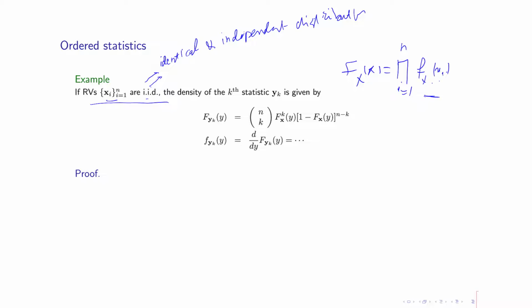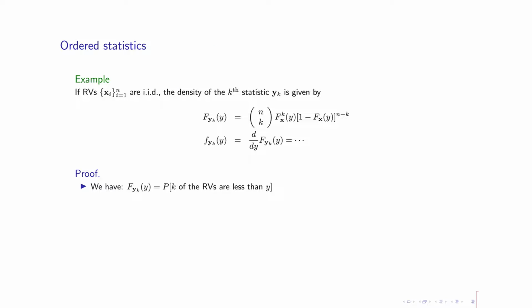The function is the same for all of them. In this case, we have seen in the previous chapters that the distribution of the kth order statistic is given by that expression, because out of n, k of them should be smaller than y, and n minus k should be bigger than that. From here you can get this one.